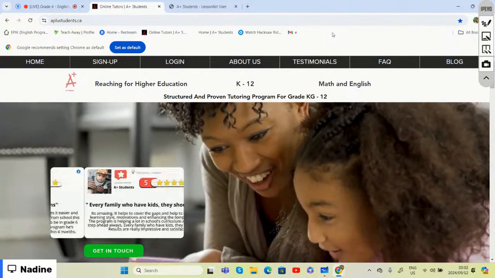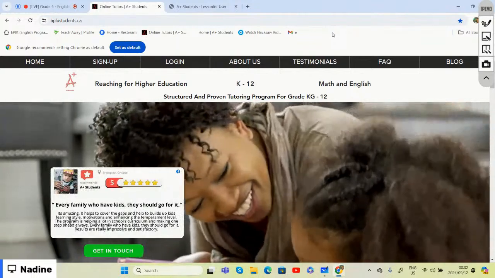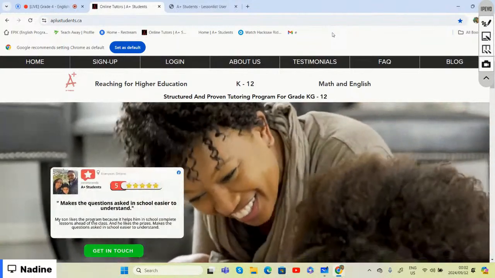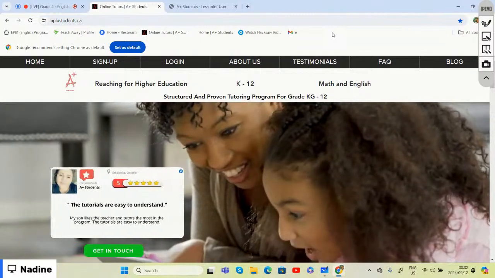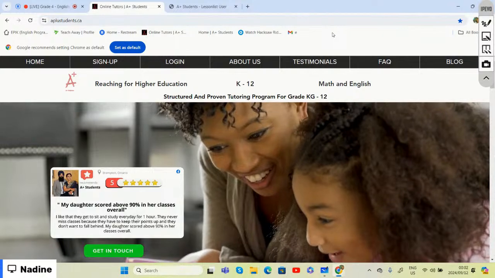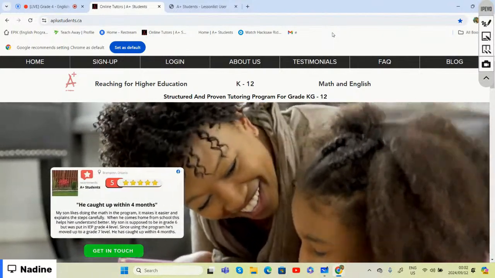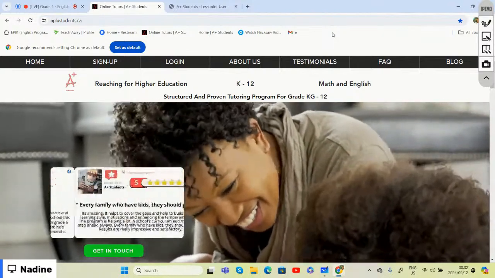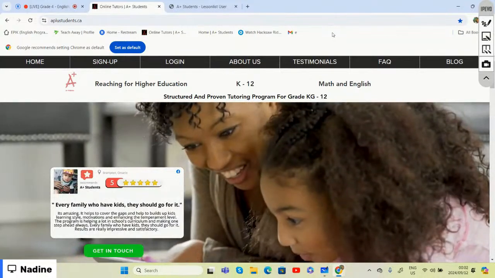We're doing grade 4. Then we're going to scroll down until we get to the chapter of adverbs.